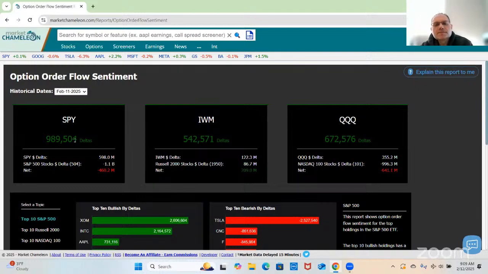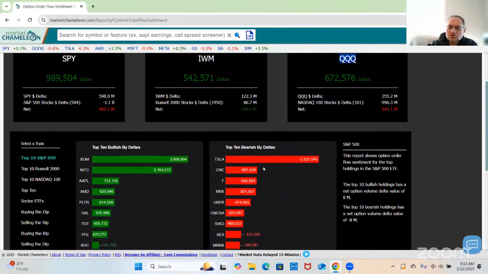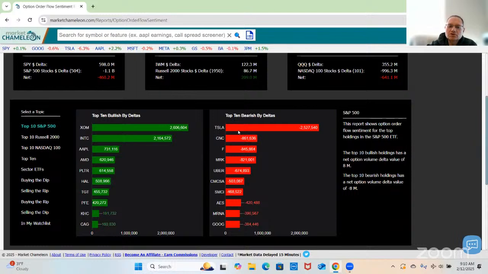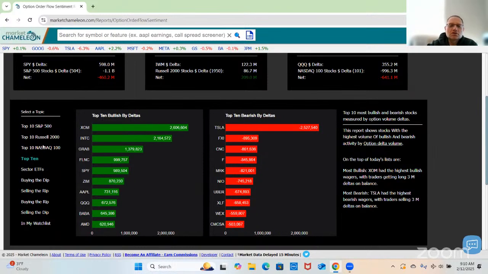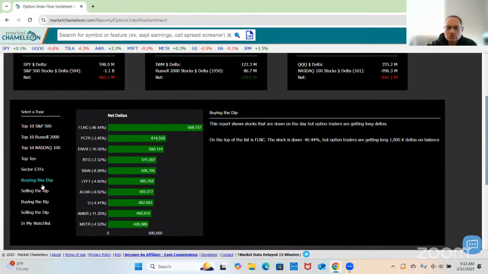So here, let's start out with SPY, IWM, QQQ. These are broad-based ETFs. How are the options trading in there? And then we can look at individual stocks. This report goes deeper and looks at individual stocks: the top 10 S&P 500, top 10 Russell 2000, top 10 NASDAQ 100, top 10 bullish and bearish deltas, sector ETFs, and so forth.